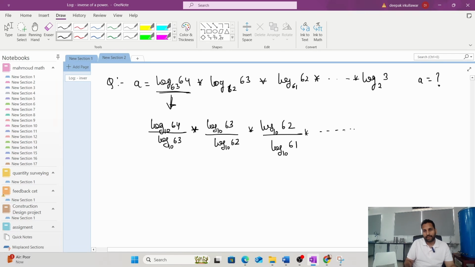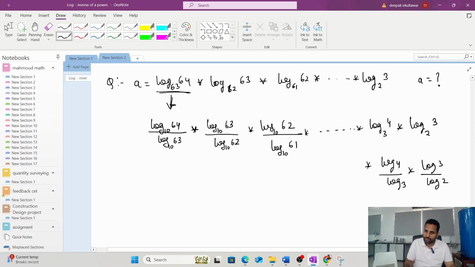It will go on up to the last one, log base 2 of 3. So previously there would be log base 3 of 4, and the terms would be log 4 over log 3, and log 3 over log 2.